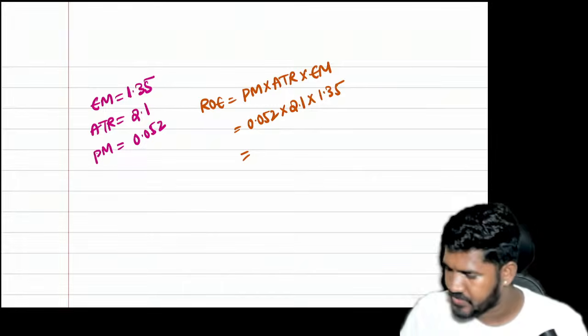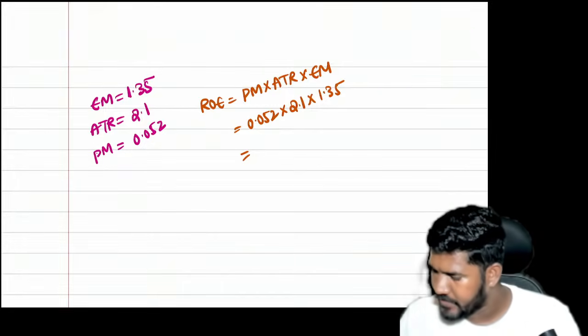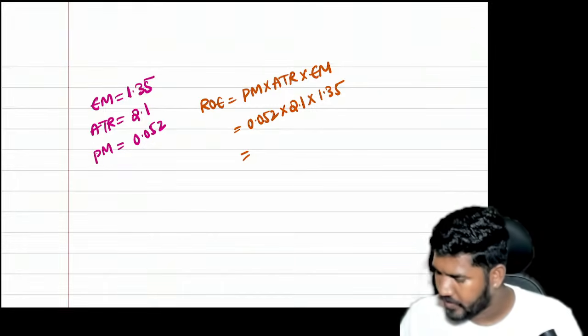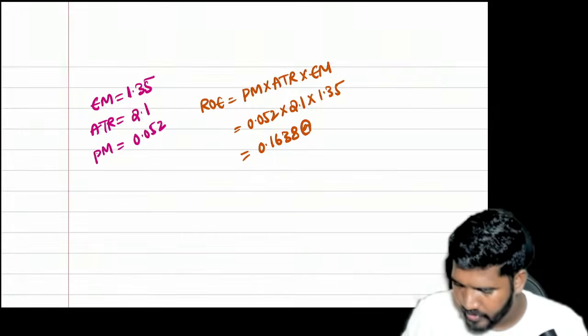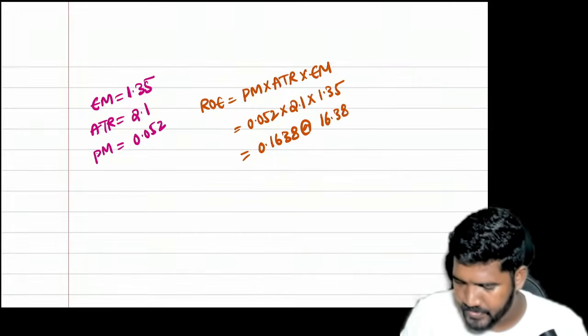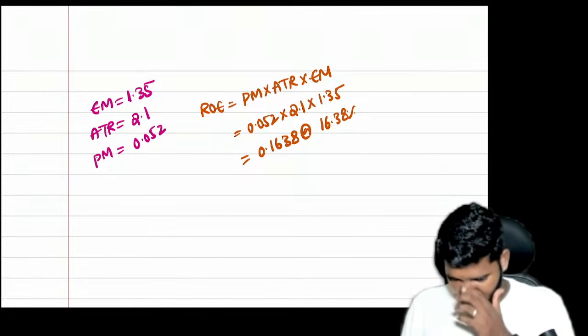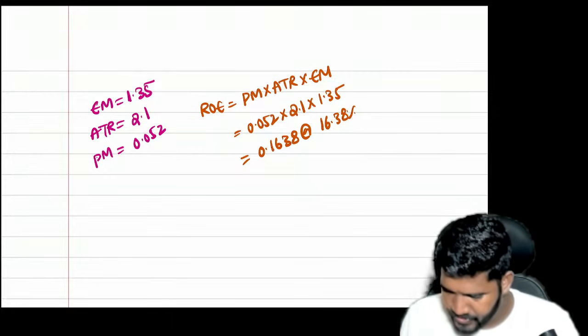Now the answer is 0.052 into 2.1 into 1.35. So 0.1638. You can write like this also, 16.38%.